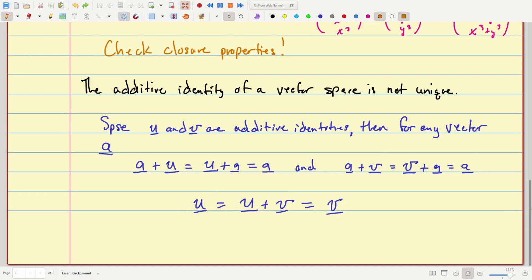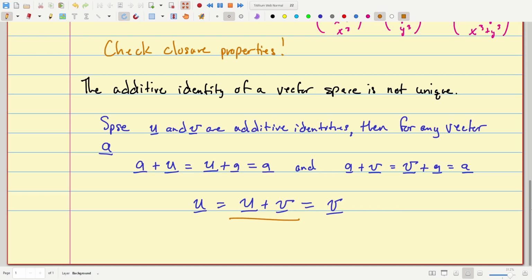Then U plus any vector is equal to that other vector because U is an additive identity, right? So U plus V has to be V. But I have U all the way on the left and V all the way on the right, so U has to be V. So in this central line here, this is the swindle that I was referring to.